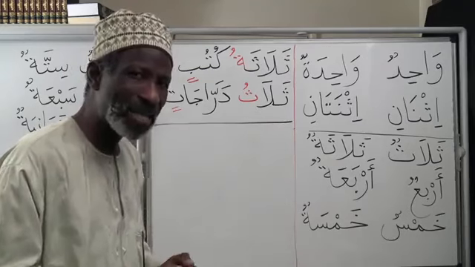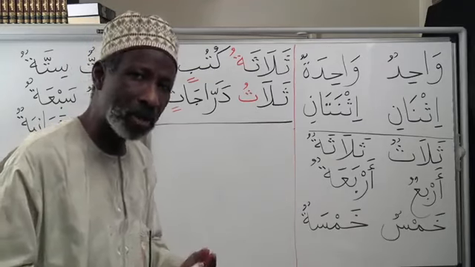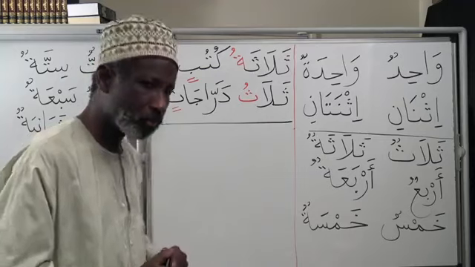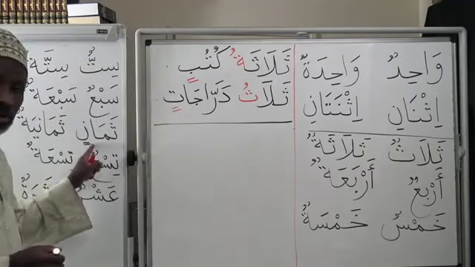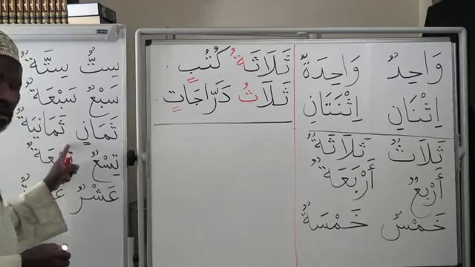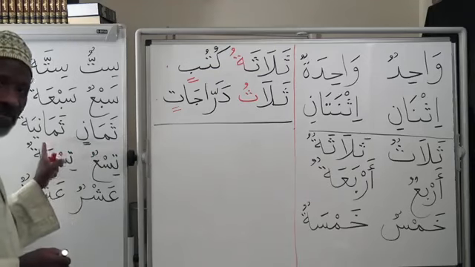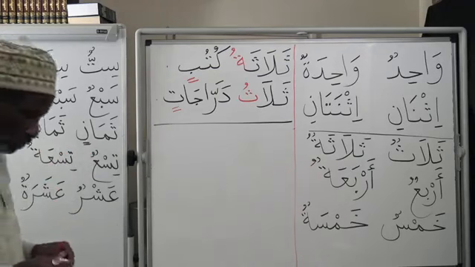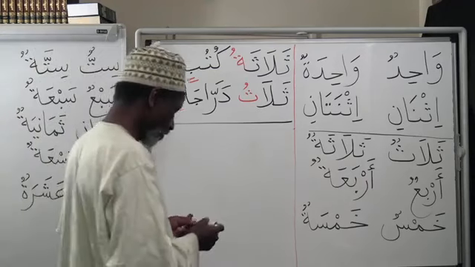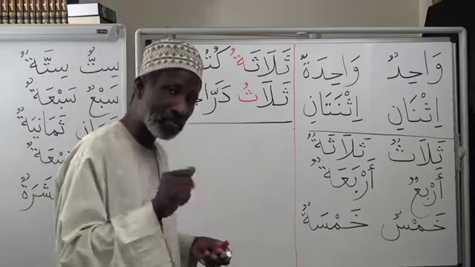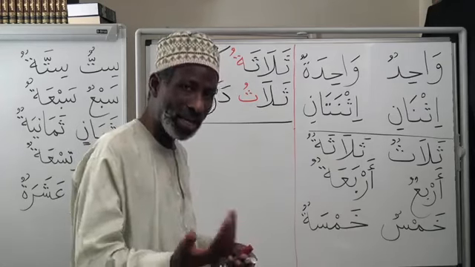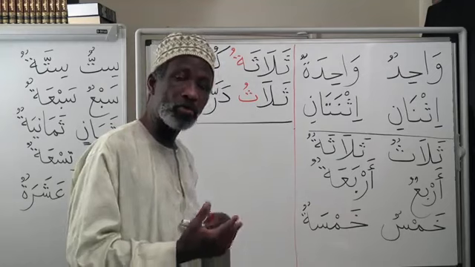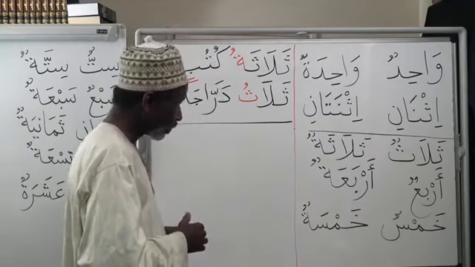number 8. Number 8 has some peculiarity, something special. You will note here when we are counting in isolation, we say thamanin, and then in the feminine we say thamaniyatun. Thamanin, there is a ya that's missing, and you will learn the reason why much later during the course of the series.